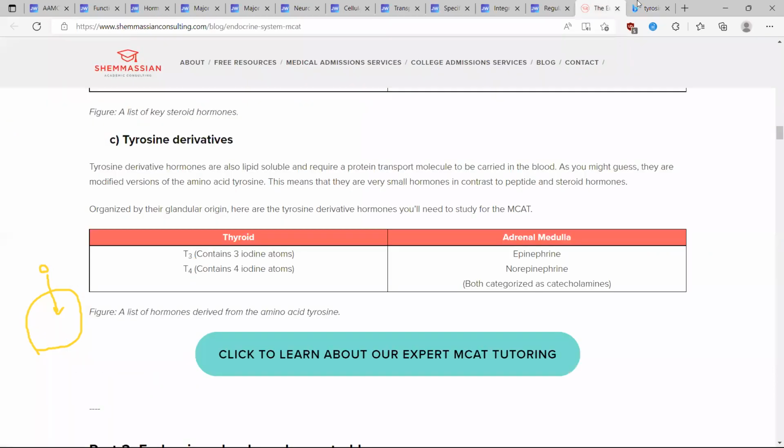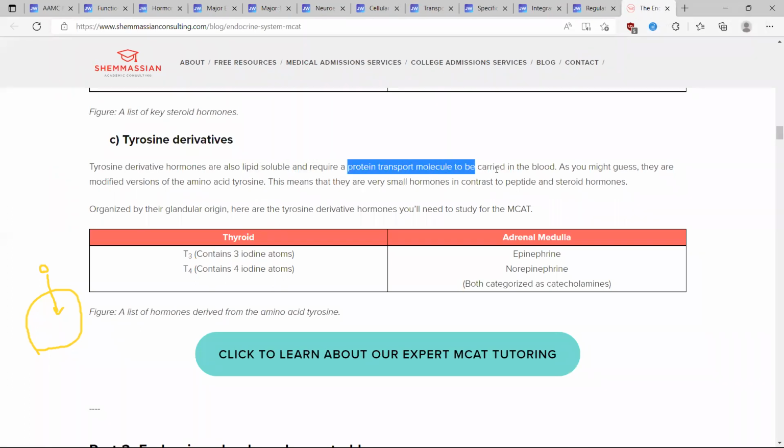So the tyrosine derivatives are lipid soluble, and they also require that protein transport for the blood. Overall, they're nonpolar because of that chunky ring. They are very small hormones in comparison to peptide and steroid hormones because they are just a single amino acid. They're just a tyrosine derivative.